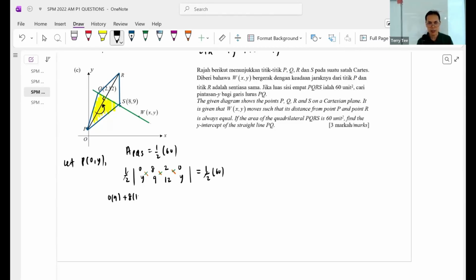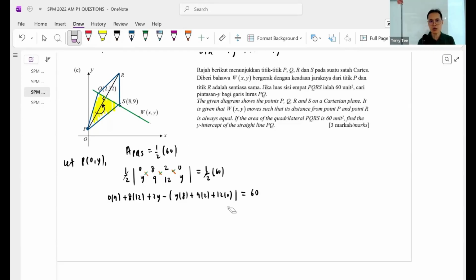The SPM wants you to write all this. Then y minus the other way around: y times 8 plus 9 times 2 plus 12 times 0. In this case, I can just remove my modulus. Now if you're not sure about clockwise or anti-clockwise, then just keep the modulus and do both.